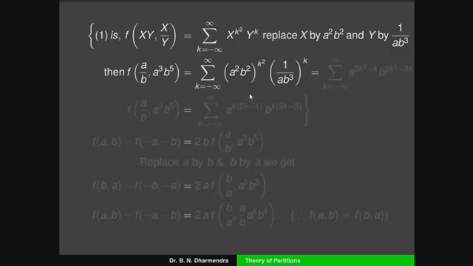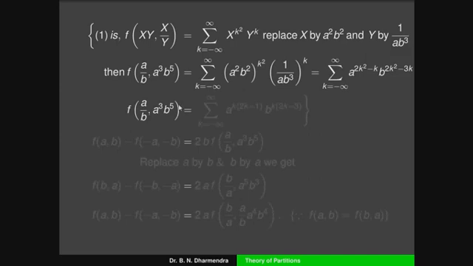So here also we have to collect the powers of a and the powers of b. The power of a is a to the power of 2k square minus k, and the power of b is 2k square minus 3k. So that is equal to summation k running from minus infinity to plus infinity a to the power of 2k square minus k into b to the power of 2k square minus 3k.